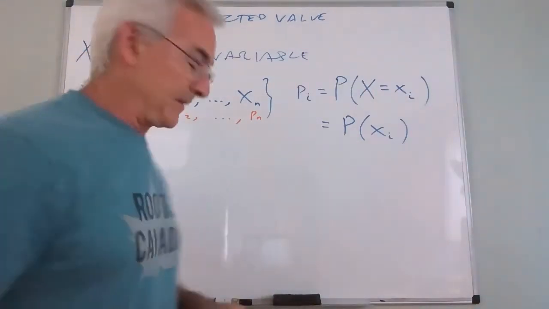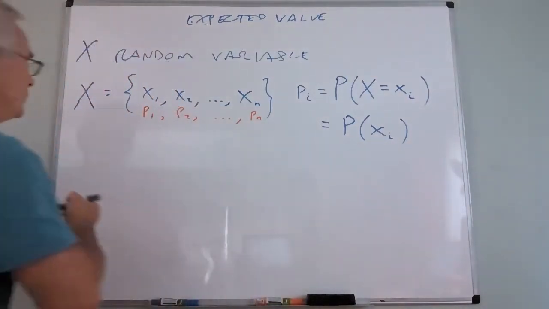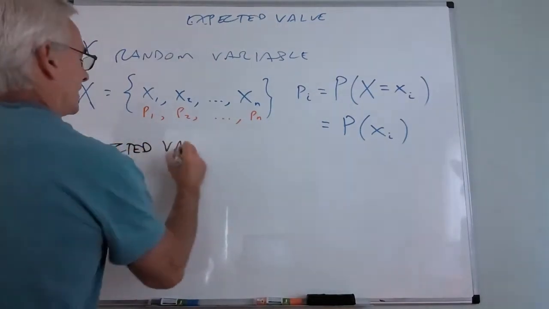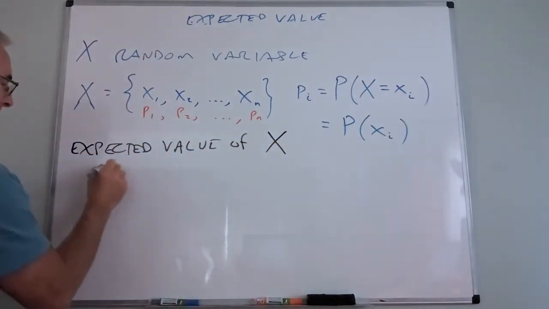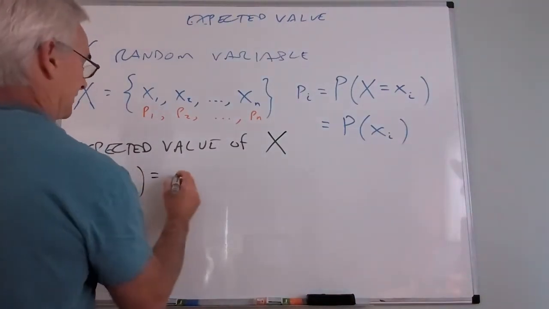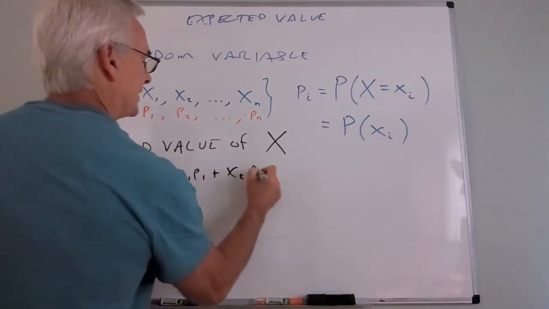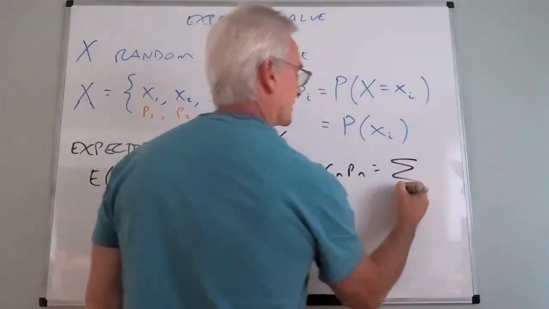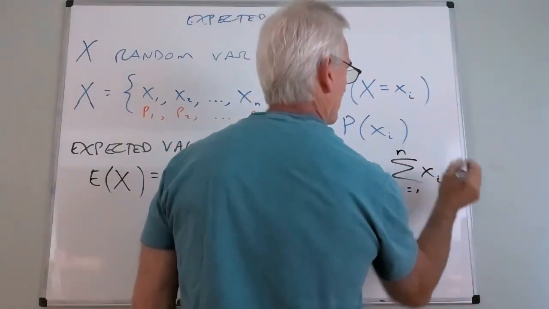Okay. So I know that if I roll the dice, I already know what the probabilities of each outcome are. So therefore, if I want to know, then what is the most likely outcome? That's called the expected value. And we use the following notation. The expected value of capital X, we call it capital E of X. Expected value of X is X1 P1 plus X2 P2 plus all the way to Xn Pn, or in other words, the sum from i equals 1 to n of Xi Pi.